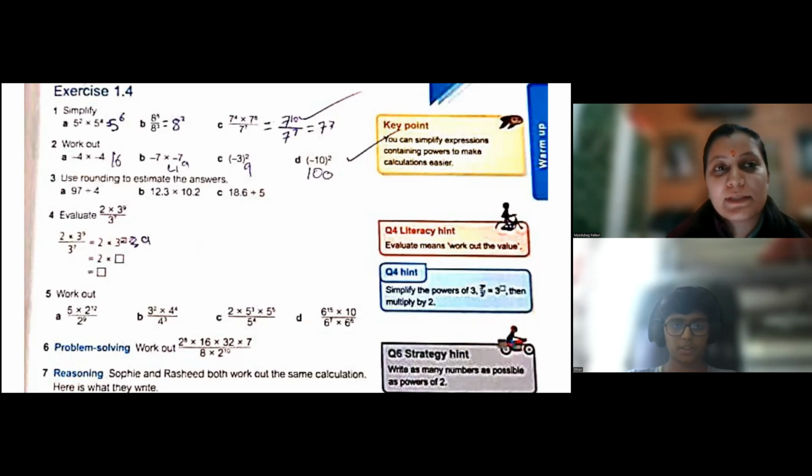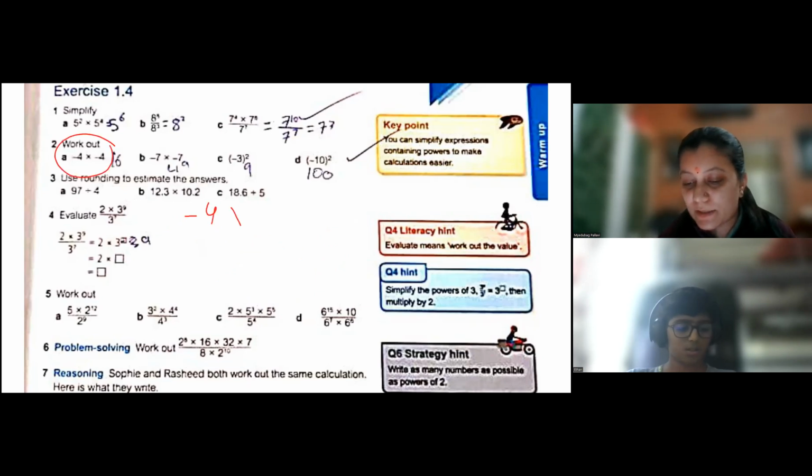Minus 4 multiplied by minus 4. Tell me what we'll get for this. Minus 4 multiplied by minus 4. Minus minus becomes plus. Very nice. Correct. So then it's 4 into 4, 16. So it's positive 16. Very nice.